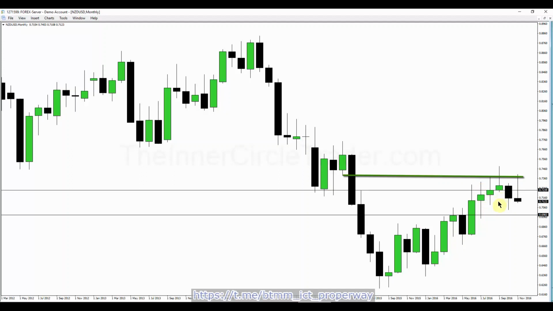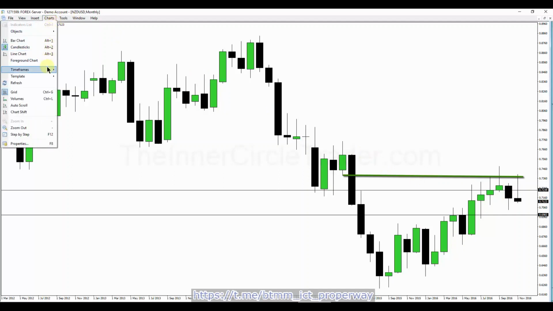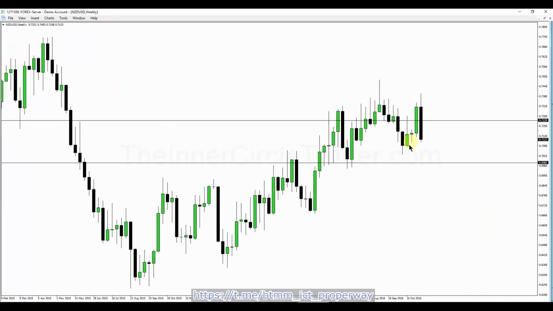And we've moved away from the last up candle, exercising this as a bearish order block. We go down to a weekly. You see price trading up into bearish order block. It does trade through the body of this candle, but it's rather sloppy right now.